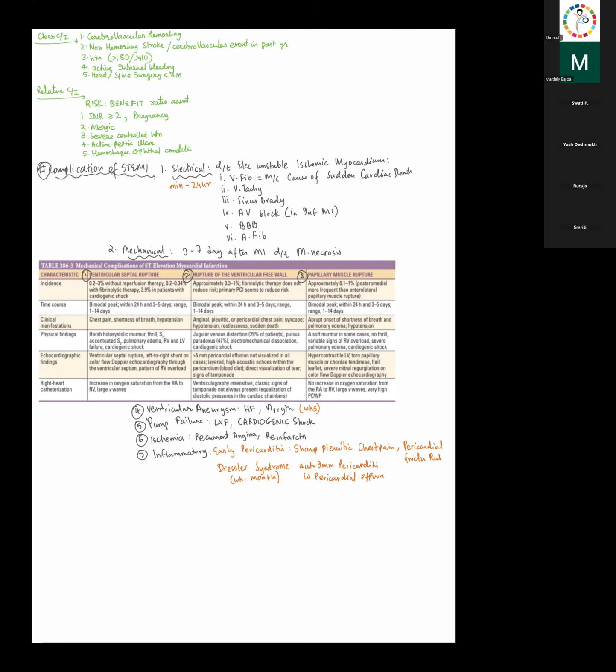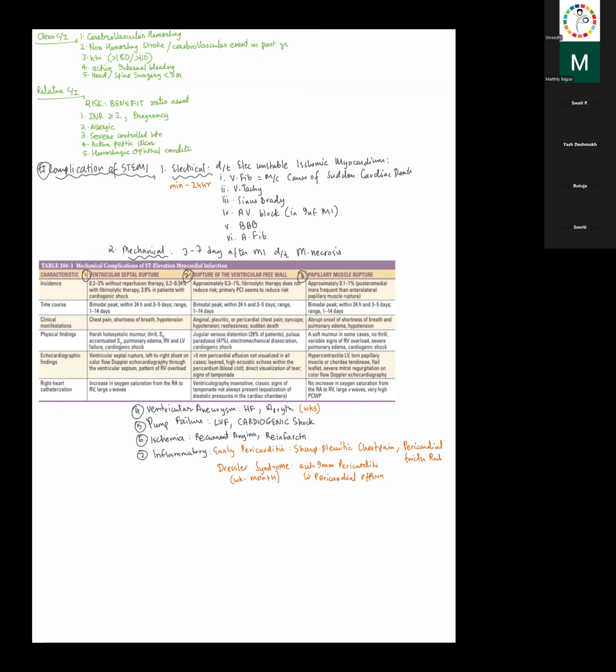Next is the complications of STEMI. Complications are divided into electrical complications and mechanical complications. Electrical complications are due to instability in the ischemic myocardium. They occur within minutes to days, 1 day, and the most common cause of sudden cardiac death in STEMI is ventricular fibrillation.